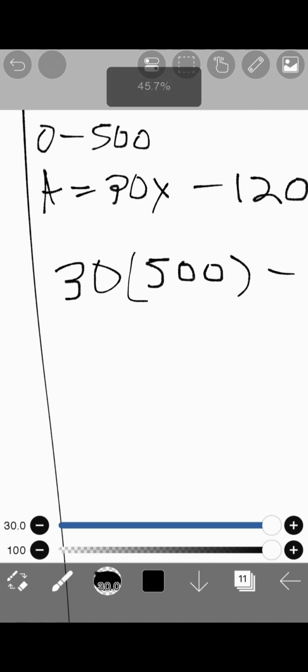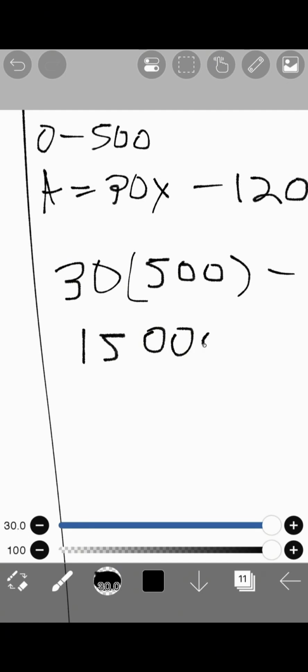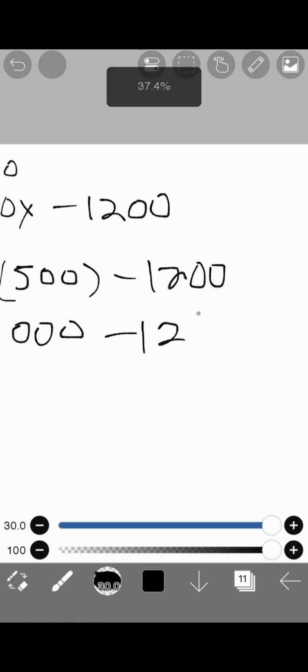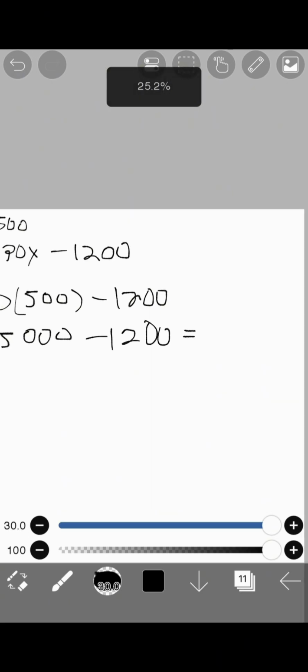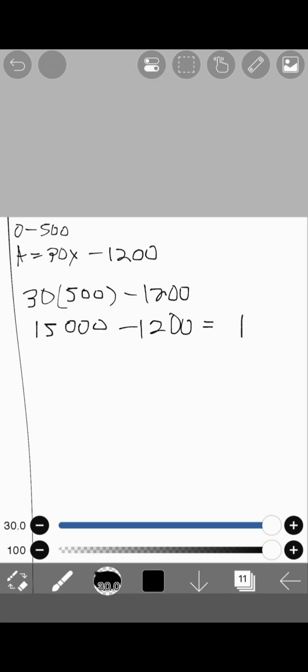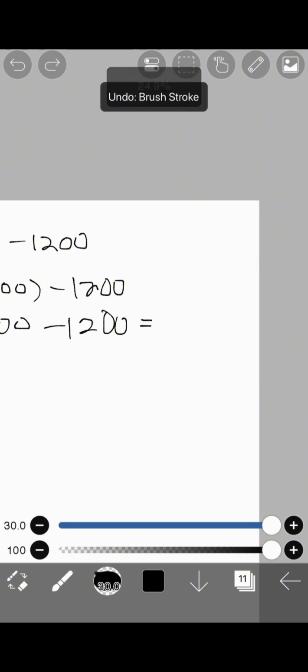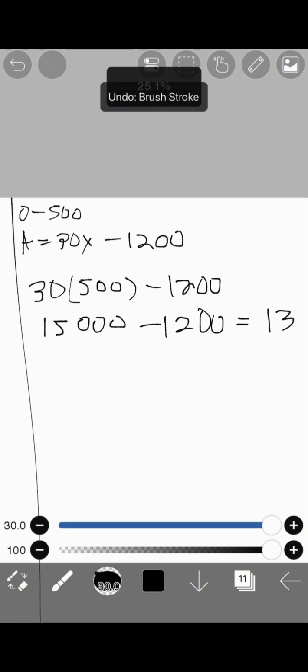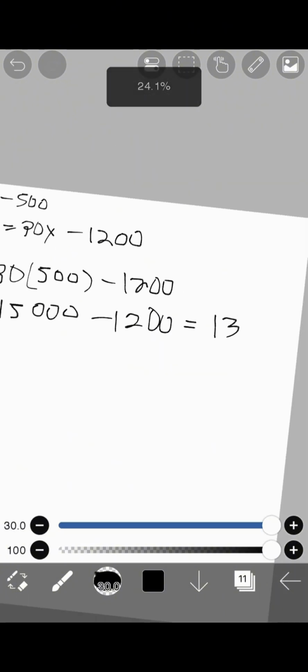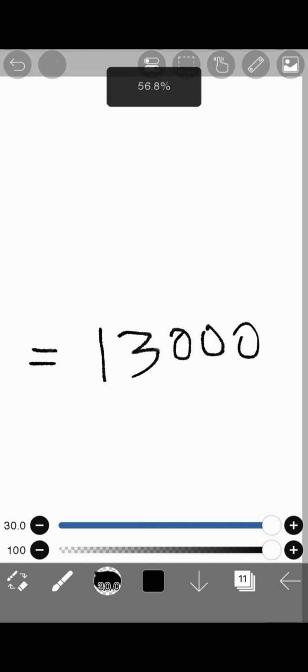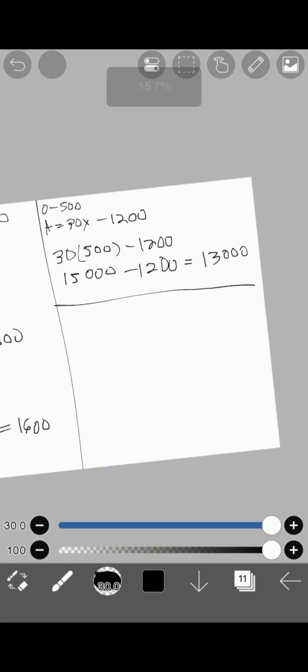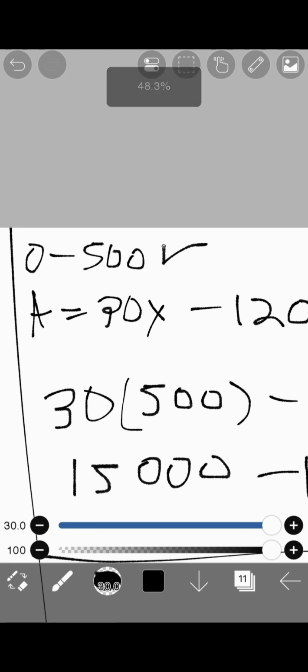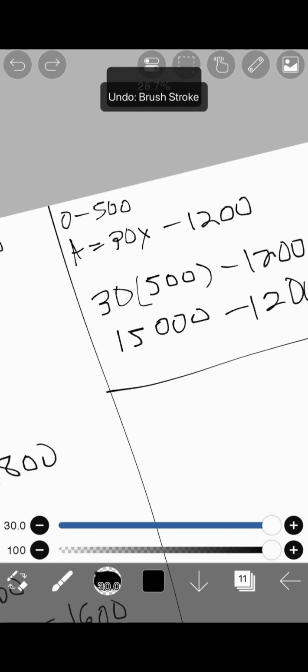We substitute x. 30 times 500 is 15,000 minus 1200, which is roughly around 13,000. That is on the maximum amount of cups they can sell, which is 500.